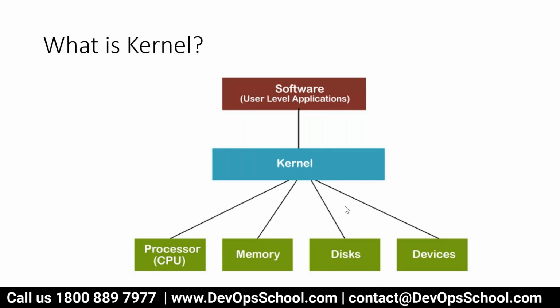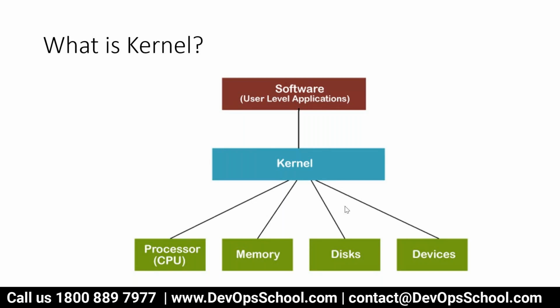That's the hardware. We want to send some instruction to it, so that it performs that instruction and gets things done for you. You send that instruction in human language, and the kernel converts it into binary language, because the disk and hardware only understand binary language.